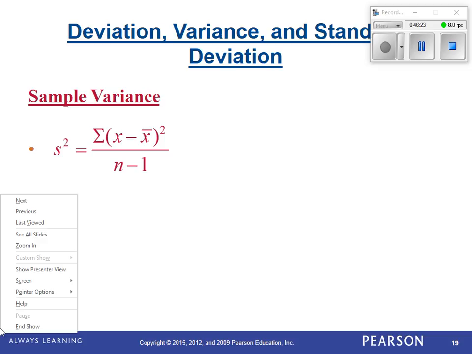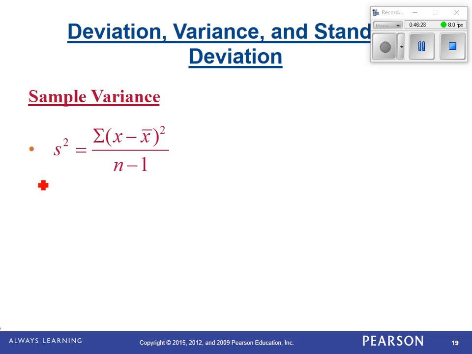What do you think standard deviation is going to say? Anybody, before I pop it up here, what do you think the formula is going to look like? Tell me what's the very first thing. S. Is it going to be S squared?